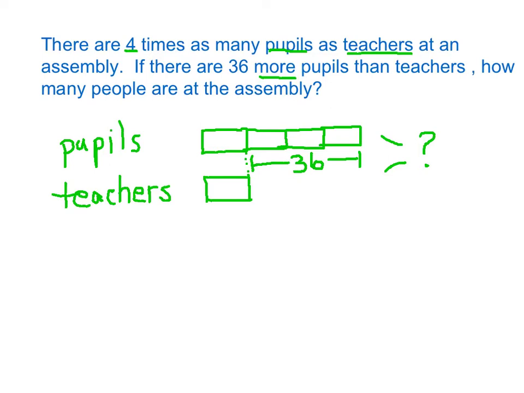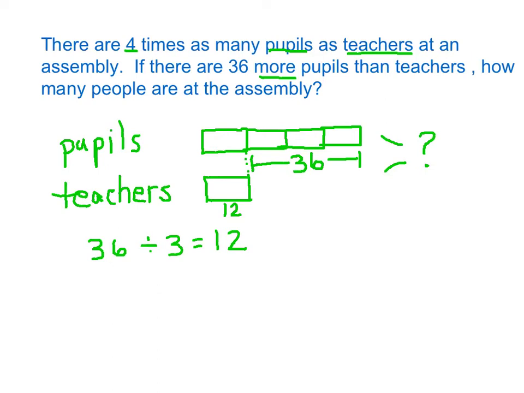Now when I look at my drawing, I notice that I have 3 equal bars, and they all are 36. So to find out how much is in 1 bar, I would do 36 divided by 3, which of course is 12. So that means each bar represents 12 people.